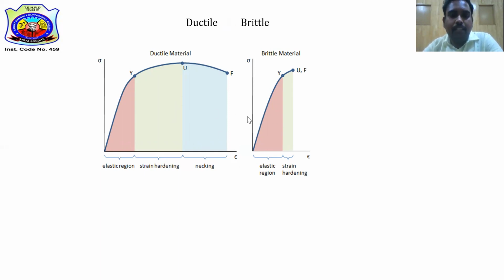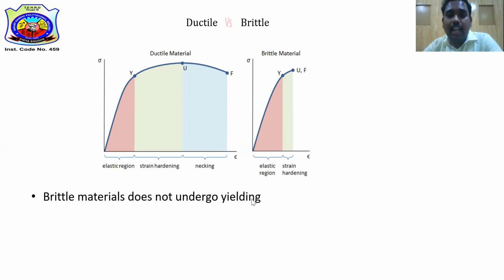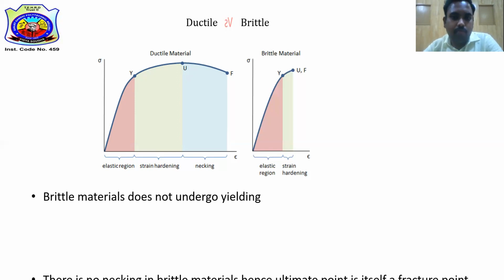The major difference is that brittle materials do not undergo yielding. If they do, it is very minute. Ductile materials will definitely undergo yielding, whereas brittle materials undergo very negligible yielding.